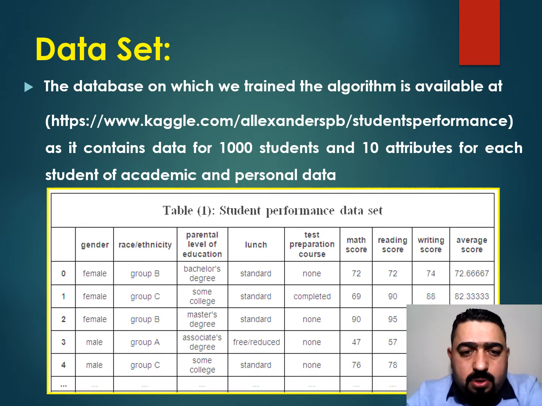The database on which we trained the algorithm is available at the website kaggle.com, and it contains data for 1,000 students and 10 attributes for each student of academic and personal data. Here is the table that shows the students' performance data set.